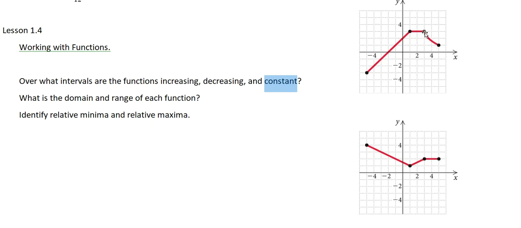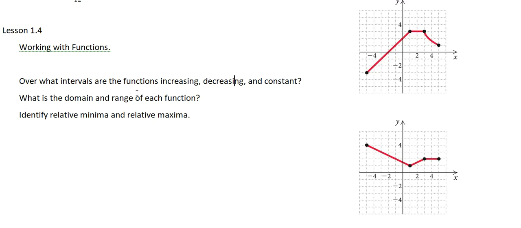Okay, so as x gets larger, the y values get smaller, and so the slope, notice this is curved here, so there isn't a constant slope at any point here, but we can see that this function is decreasing. So from x equals 3 to x equals 5, the function is decreasing.